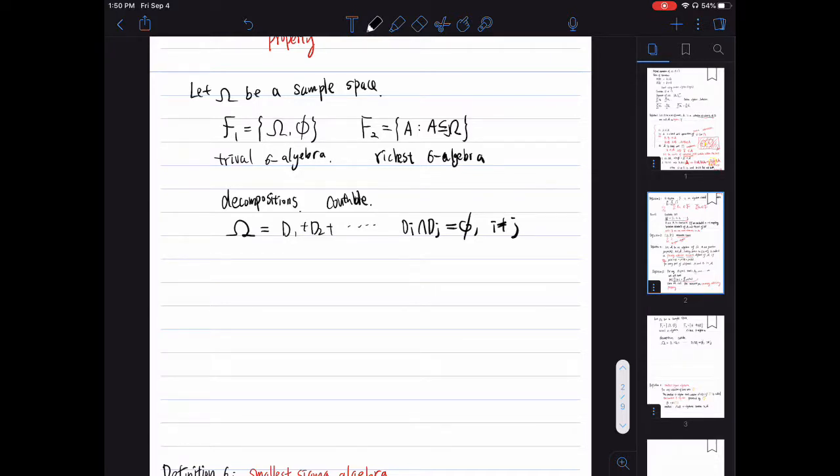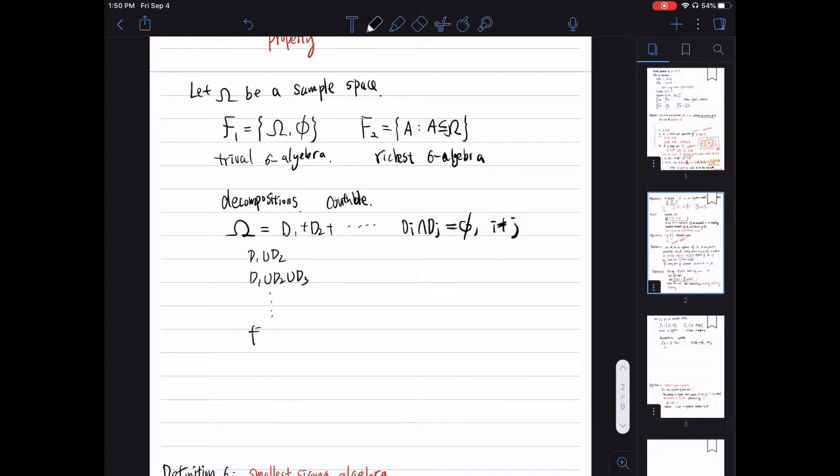And after we decompose this omega, we can form an algebra by finding the union of a finite number of elements in that decomposition. So we can have D1 union D2, D1 union D2 union D3.